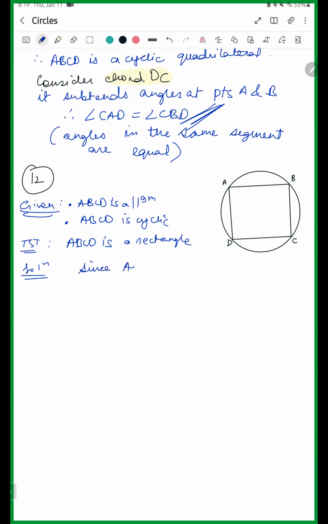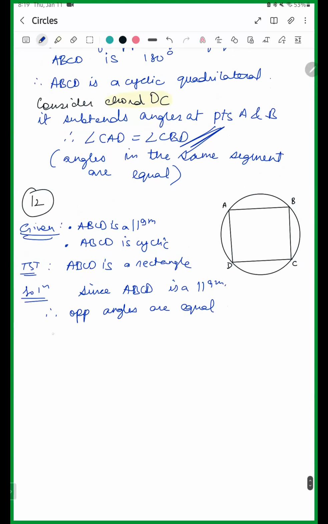Since ABCD is a parallelogram, therefore opposite angles are equal. Fine. So now we don't know which angle is what. So we will say therefore angle D is equal to angle B is equal to X, say. Opposite angles are equal in a parallelogram, right? We know that in a parallelogram, opposite sides are equal and parallel, and opposite angles are equal.